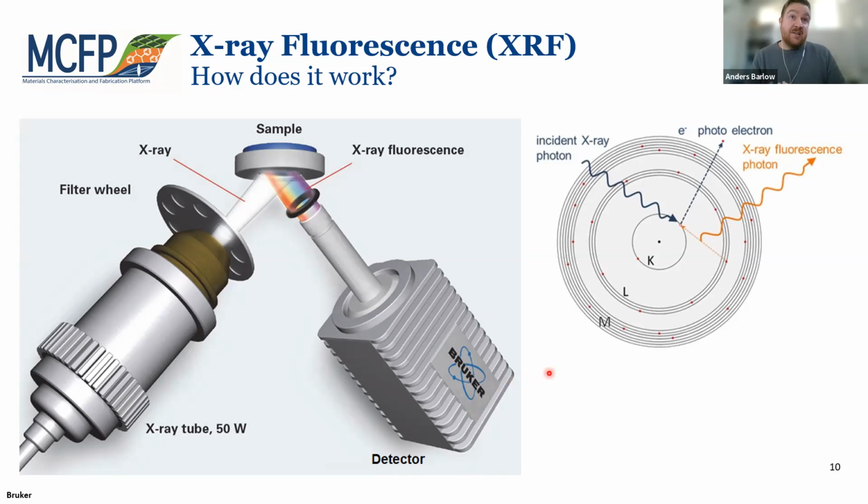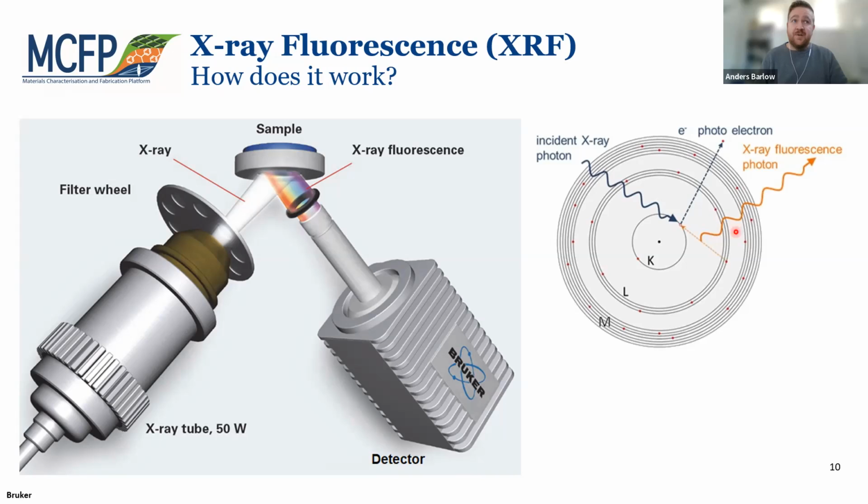But in both cases, what you're doing, like I said, is you are putting an X-ray photon in, you're exciting a photoelectron to emit from the core shell of your atom, and in doing so, you're forcing that atom to then relax, to rearrange itself and kick off an X-ray fluorescence photon. And this particular photon becomes characteristic of the atom from which it came.